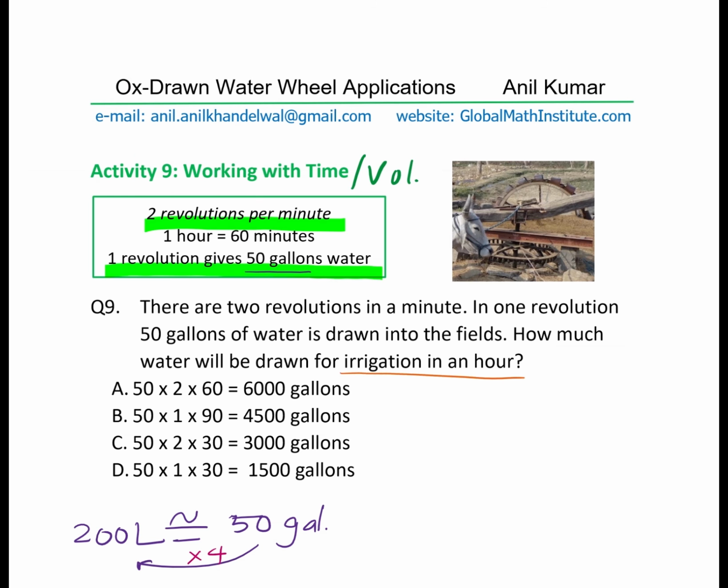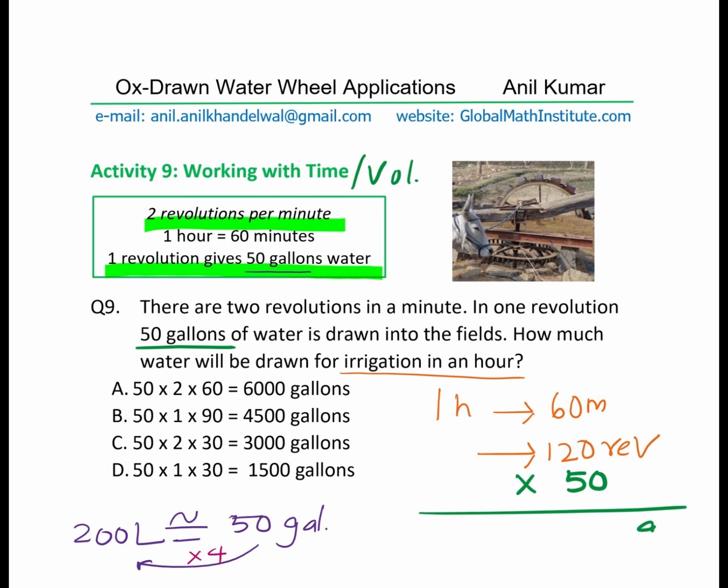In an hour. So 1 hour means 60 minutes, and that means 120 revolutions. And in each, we have 50 gallons. So we'll multiply this by 50 to get the answer in gallons.